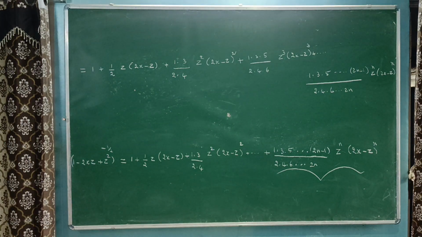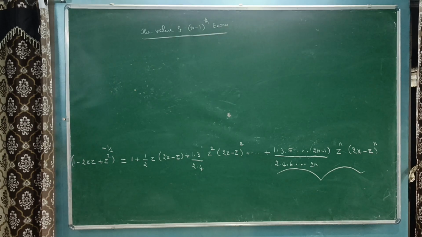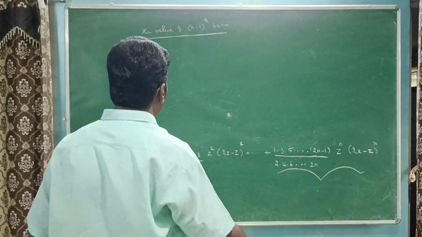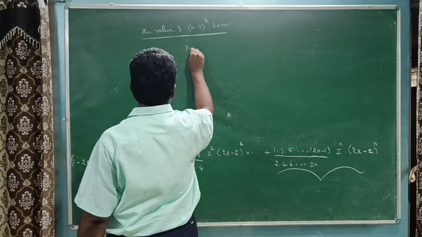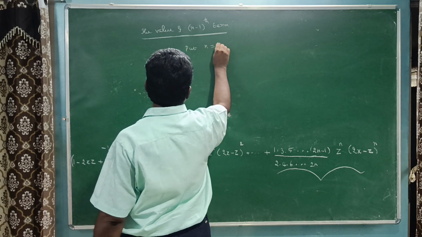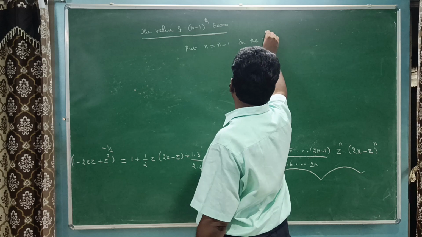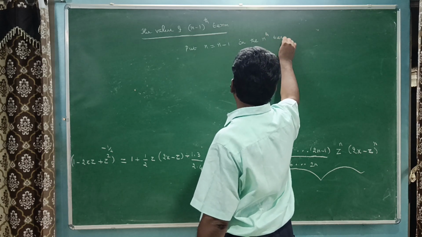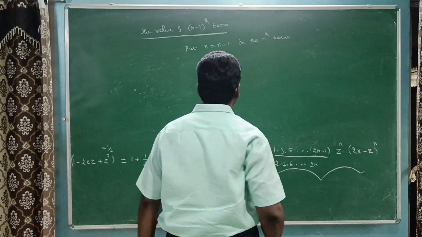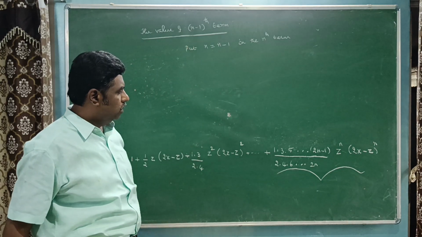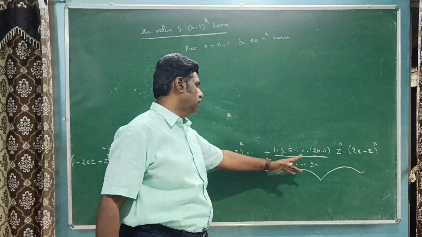Now we have to make our operation. To get the value of the (n − 1)th term, put n equal to n − 1 in the nth term. We need the value of the (n − 1)th term, that is the previous term to this nth term.